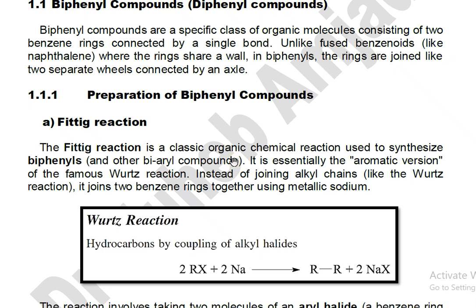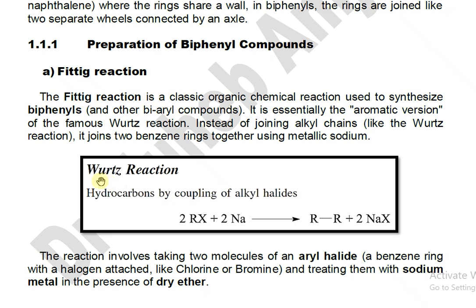Here it is like the famous Wurtz reaction. Instead of joining alkyl chains like the Wurtz reaction, it joins two benzene rings together using metallic sodium. So what does the Wurtz reaction mean here? In the Wurtz reaction, two alkyl halides can be coupled, joined to each other.